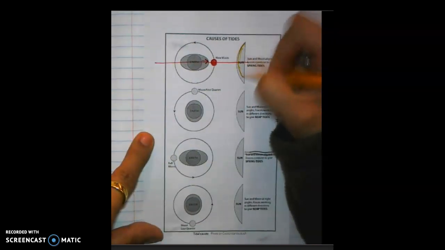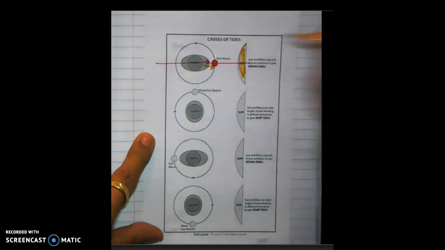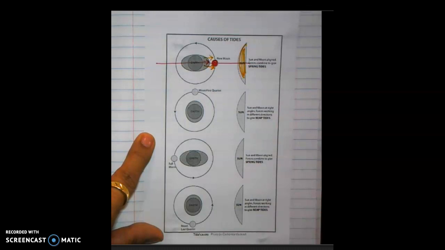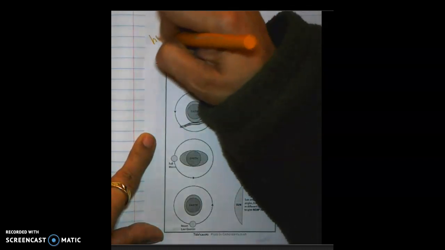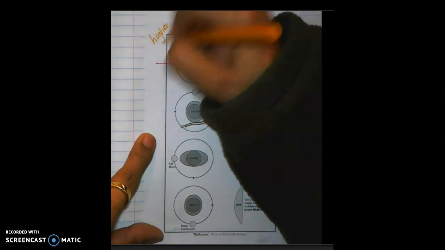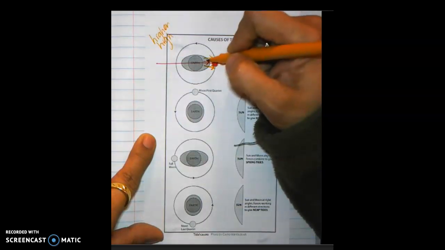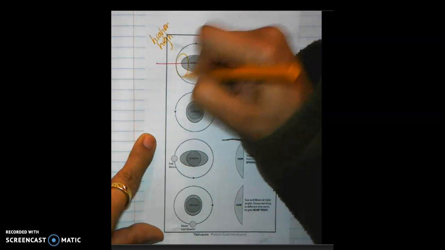Our sun's over here, our sun is yellow, and our sun is also pulling in the same direction over here. So we've got really large high tides. So these are higher high tides. Okay, so we've got a high tide here and a high tide here.